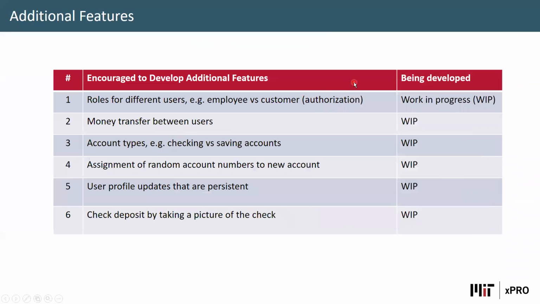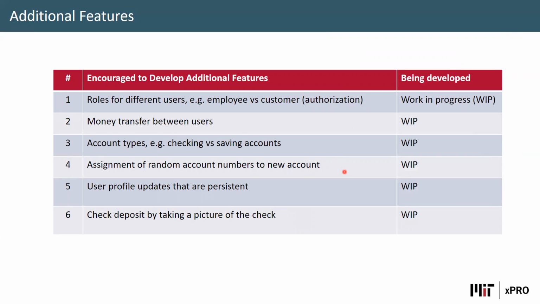Now, additional features. These are the 6 features recommended in the rubric. They're not required. For the first one, I was encouraged to define the roles for different users, such as employee versus customers, for authorizations. Given the deadlines, it is what I call work in progress; I didn't have the time to meet the deadlines. The second one is money transfer between users, versus transfer between checking and savings accounts.